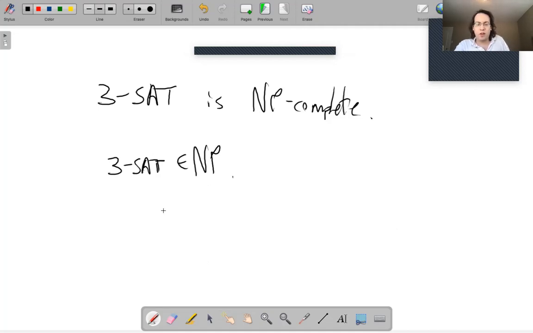If the input is an instance S, the witness can just be the satisfying assignment to the variables, like 1 0 0 1 1 0 1, whatever. And all you need to do is plug these in and check that each of the clauses evaluates true, that they're all satisfied.